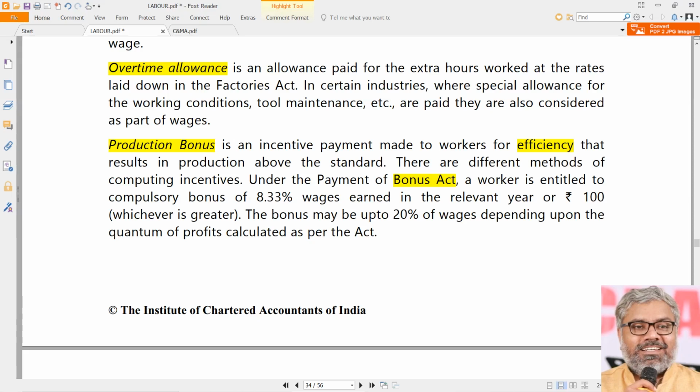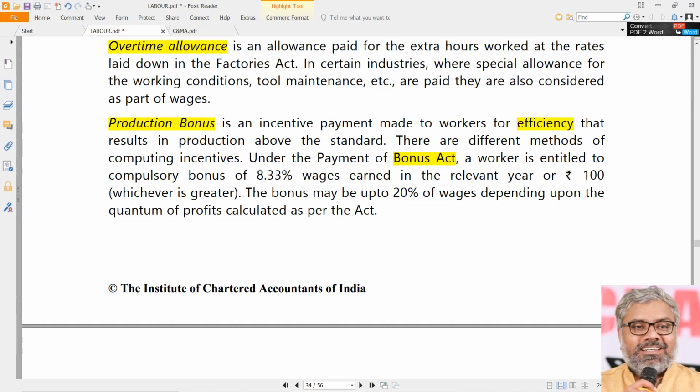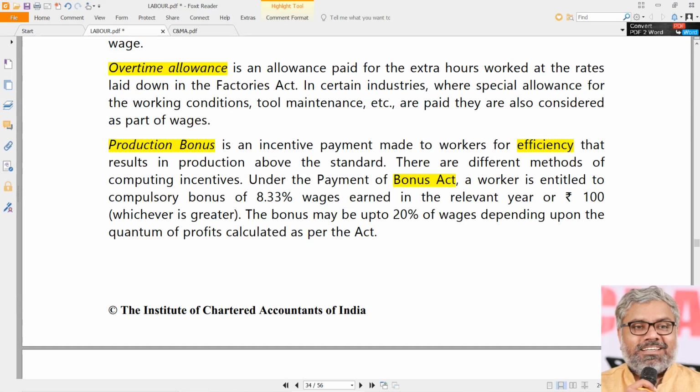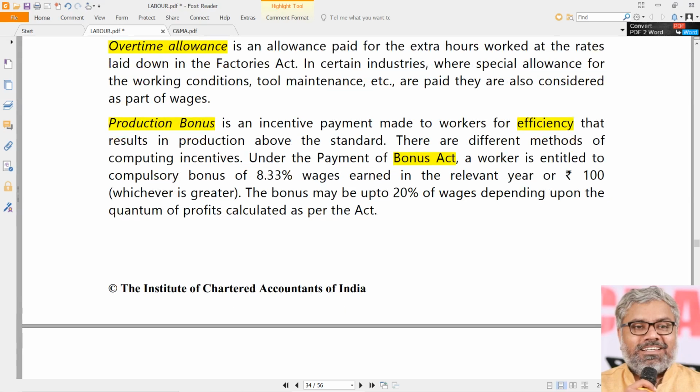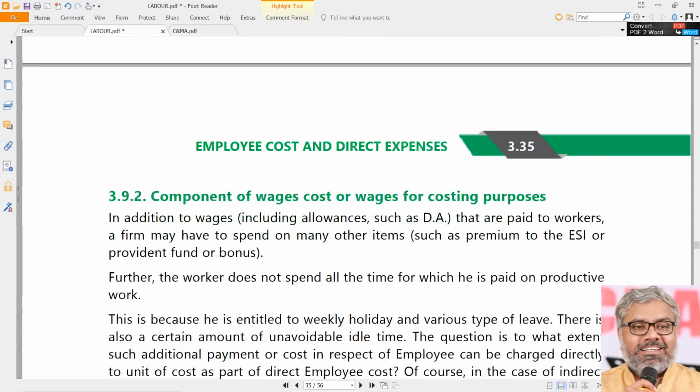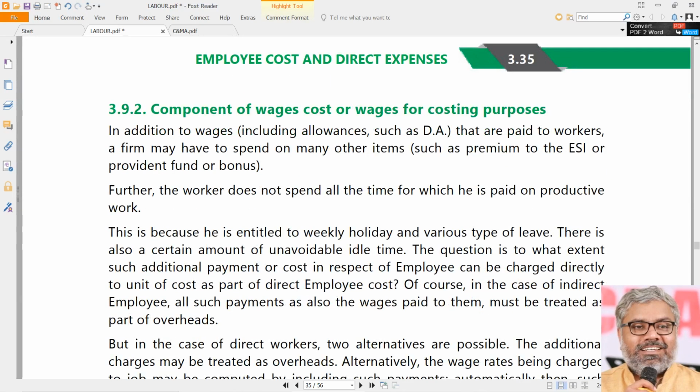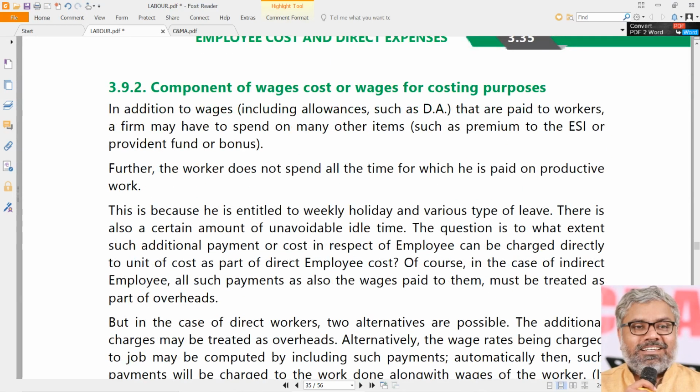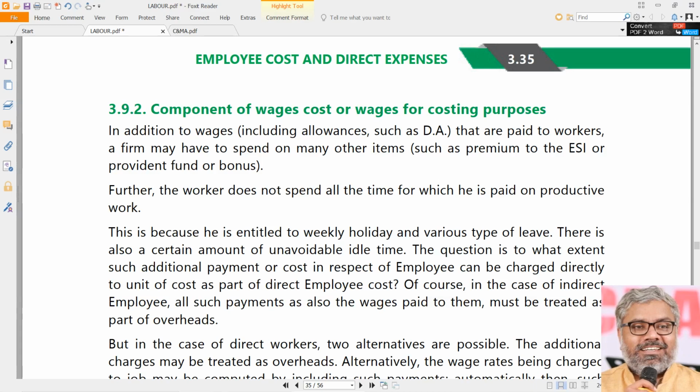We don't need to know how much bonus should be given and all that. So the legal things we don't need to worry about. Basically, it is a common practice for employers to give some bonus to employees, either on the basis of efficiency or on the basis of legal considerations according to the act. Like this, many amounts will be given by employers to employees. Those are all part of the components of wages.